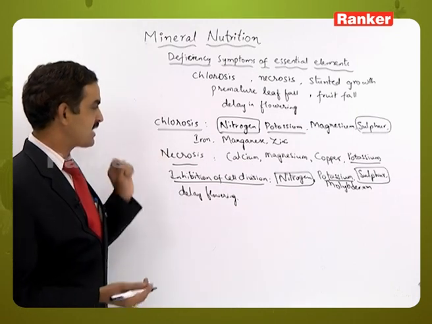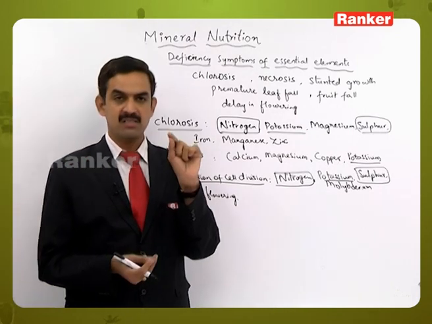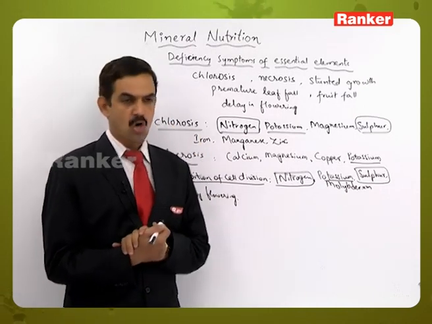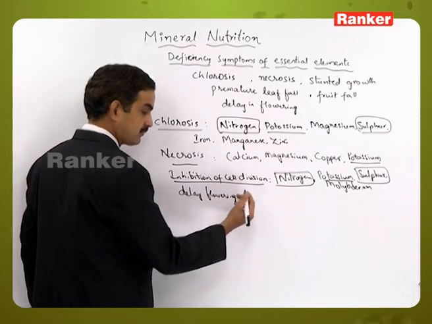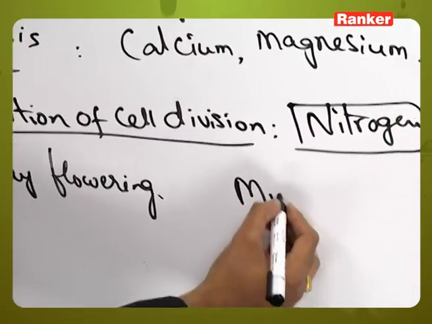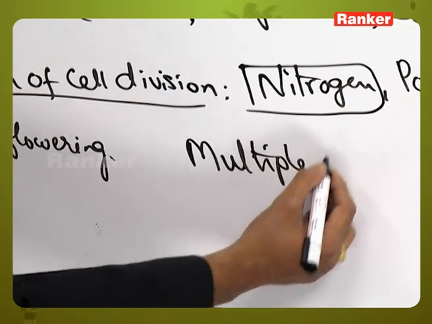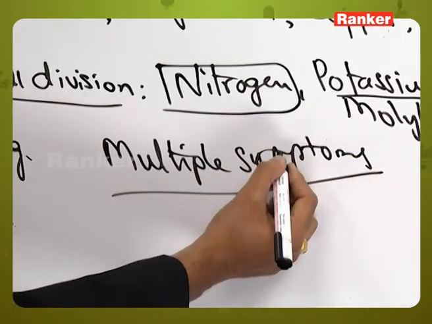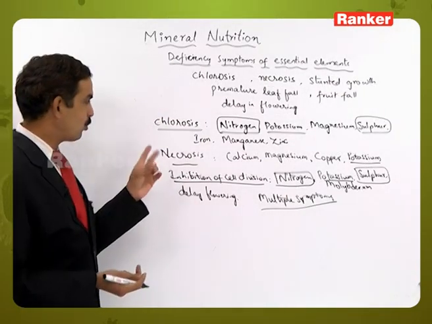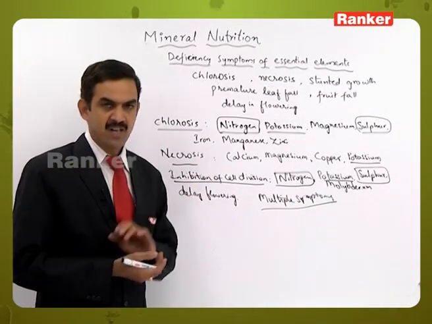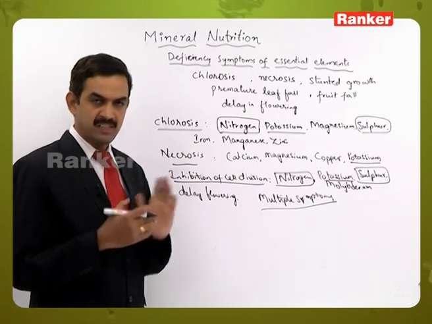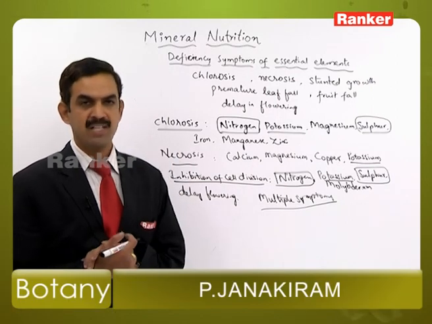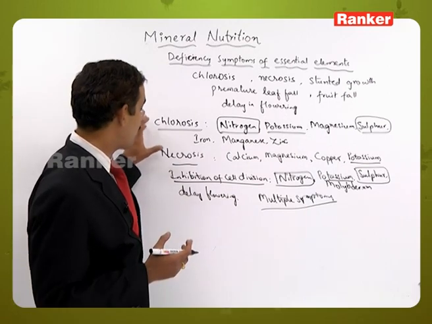Likewise, if we take many such examples, deficiency of one element may cause multiple symptoms also. We call it multiple symptoms. So here there are two cases where deficiency of one element may cause different symptoms, or different symptoms are caused by one element also. Likewise, there is a lot of variation.